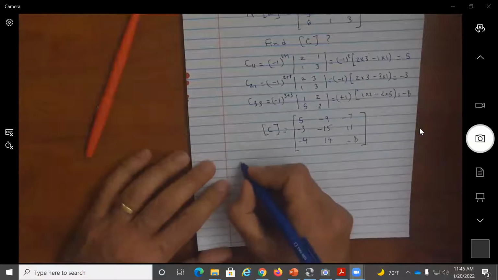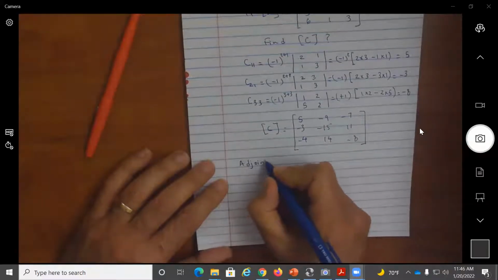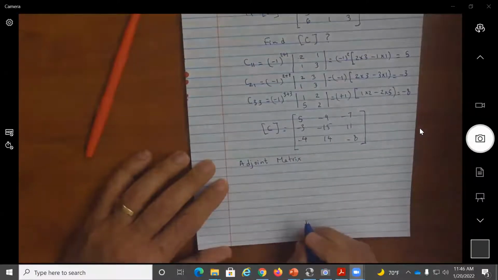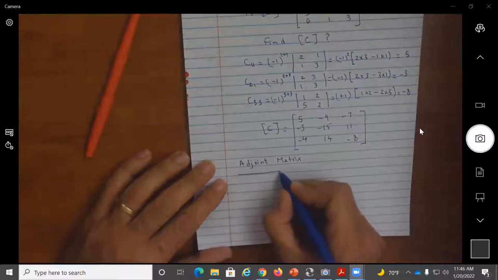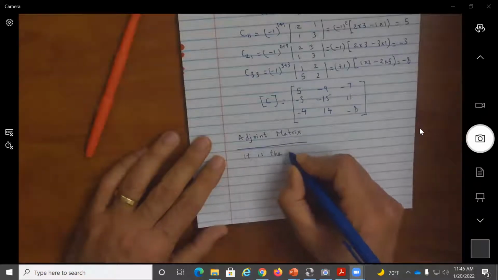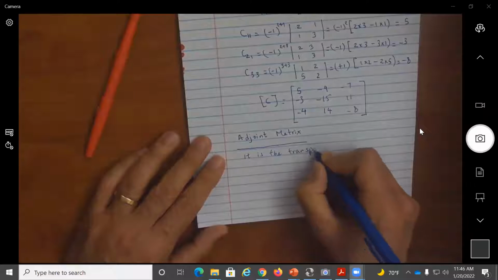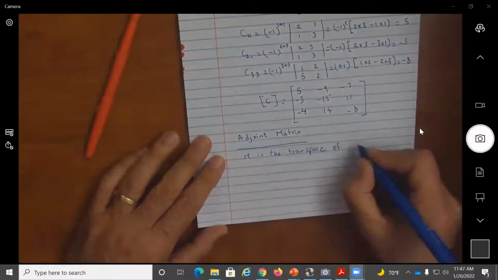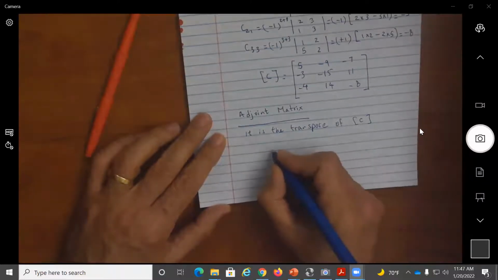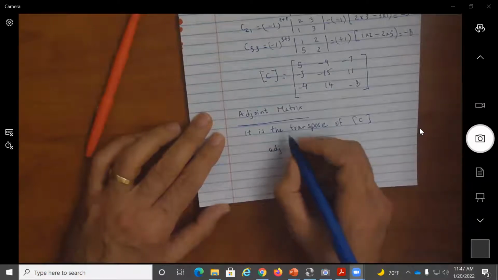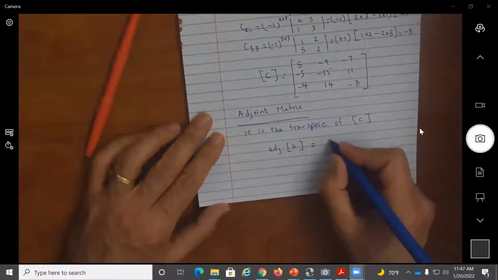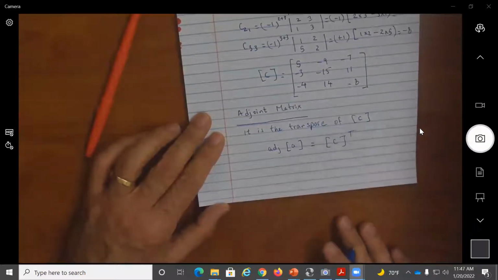While we are at this, let's also define the adjoint matrix. The adjoint matrix is the transpose of C. So I can write it as adjoint matrix of A is equal to C transpose.